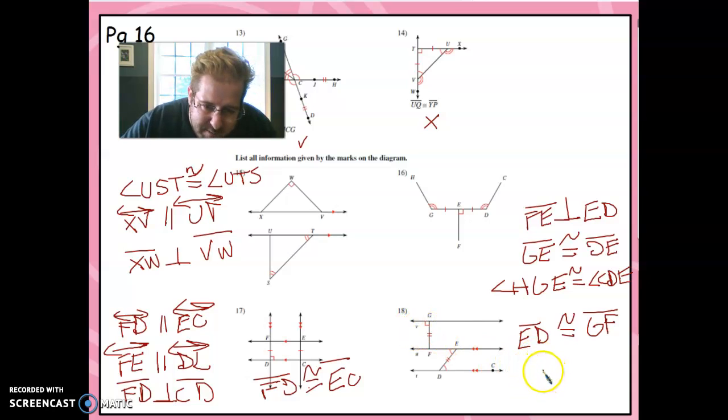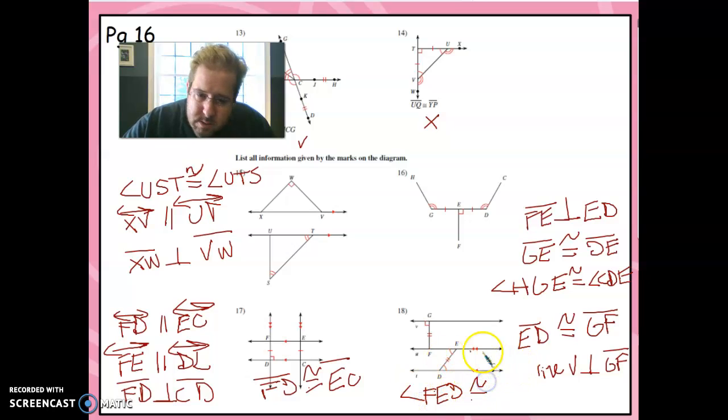I think that's line V. Line V is perpendicular to segment GF. We've got angles, so that would be angle FED, and that is congruent to angle CDE. All right, sorry, I know I'm getting a little sloppy here.